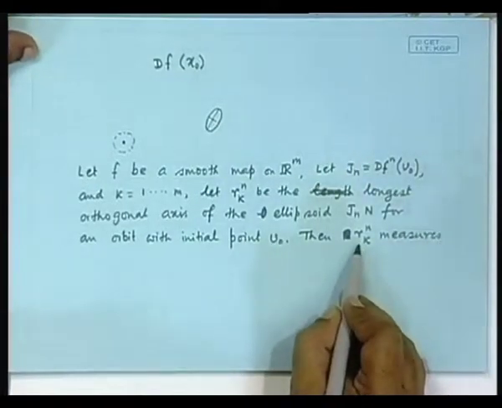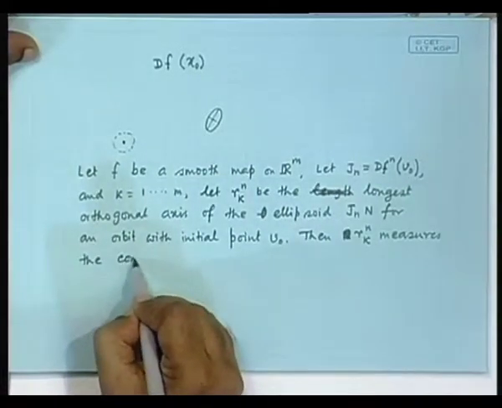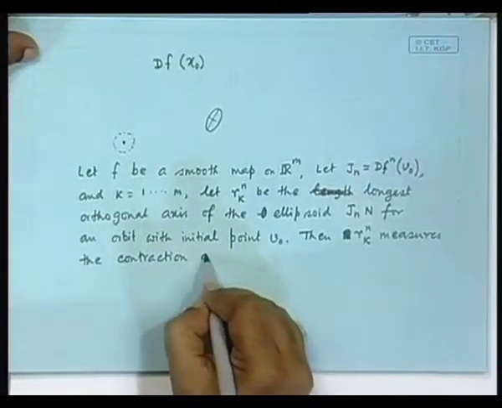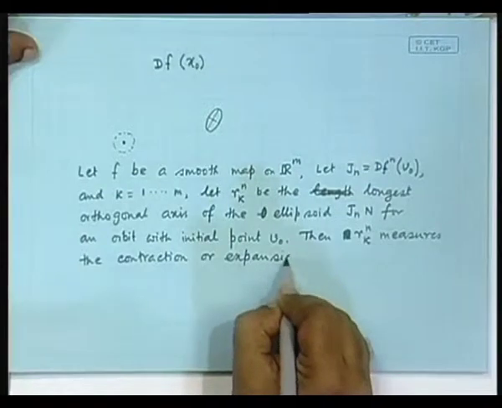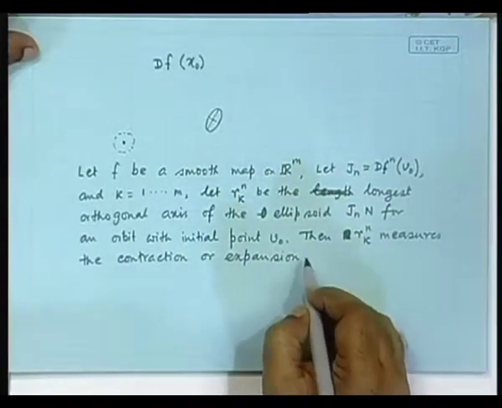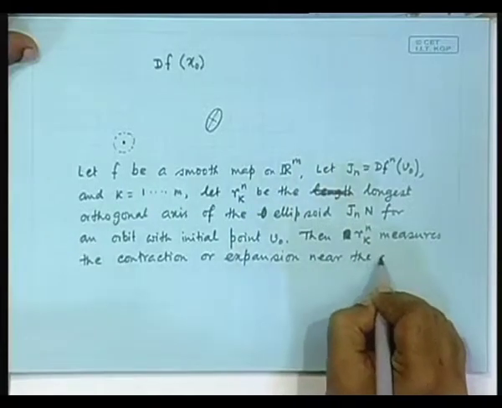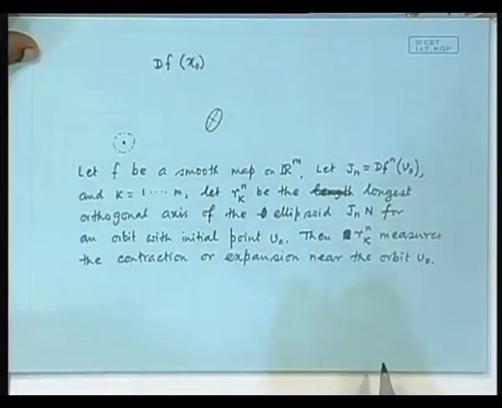Then R n k measures the contraction or expansion near the orbit V0.